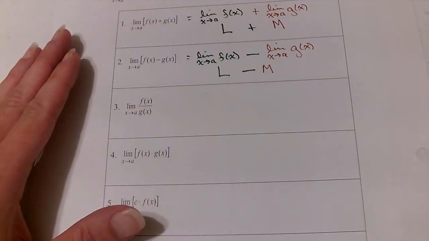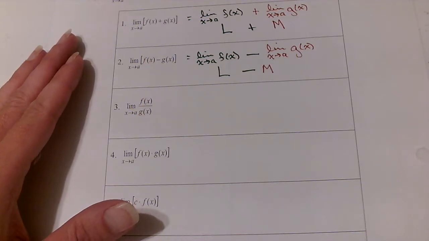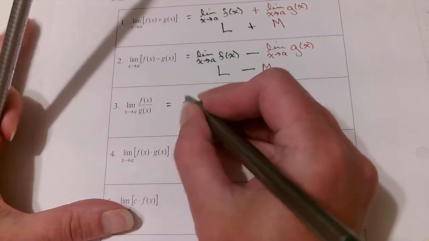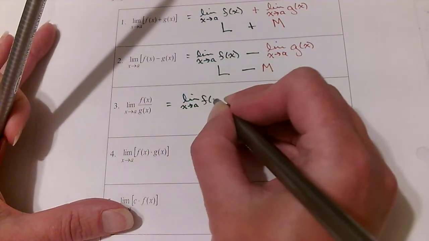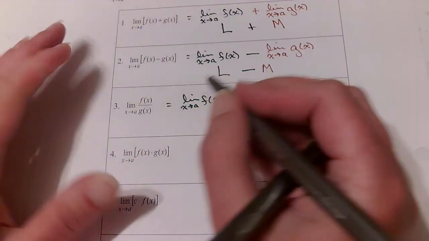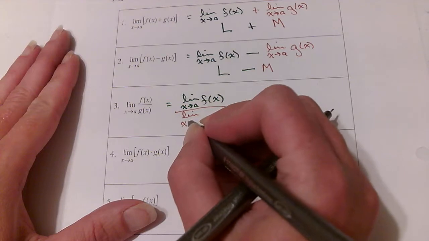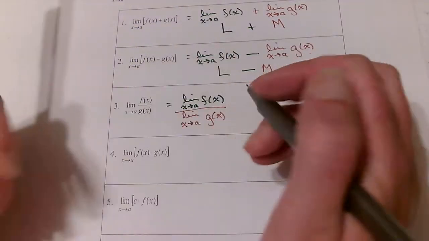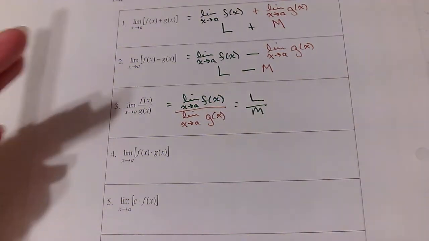What do you think it would be if we divided them? Same thing. We're going to end up with the limit as x approaches a of f of x divided by the limit as x approaches a of g of x, L over m.